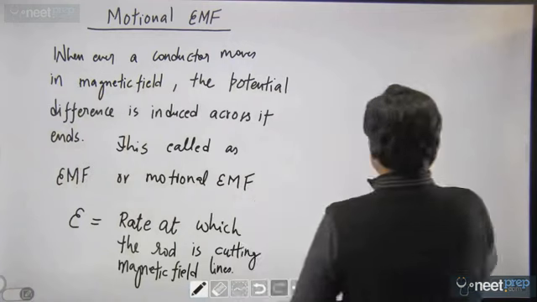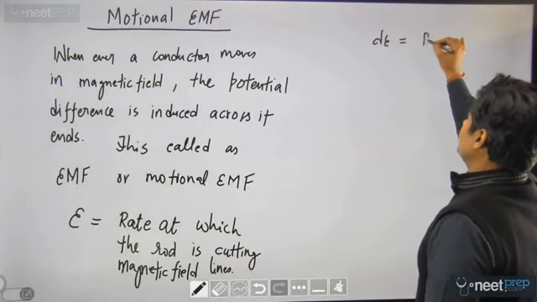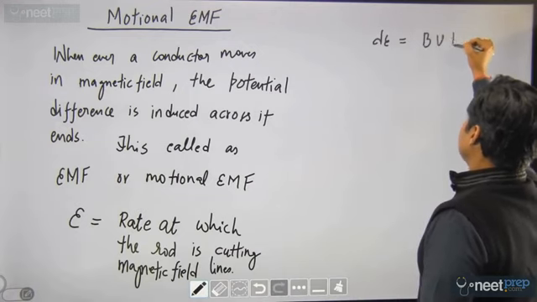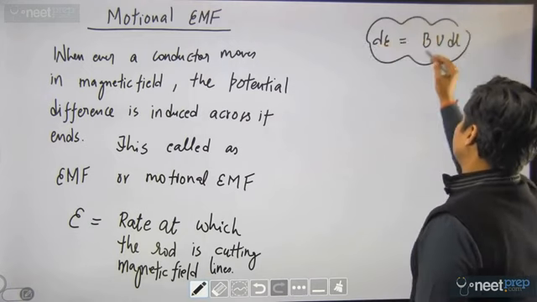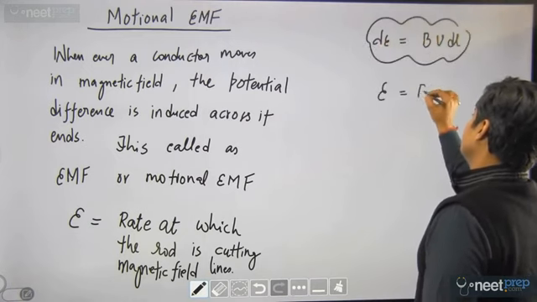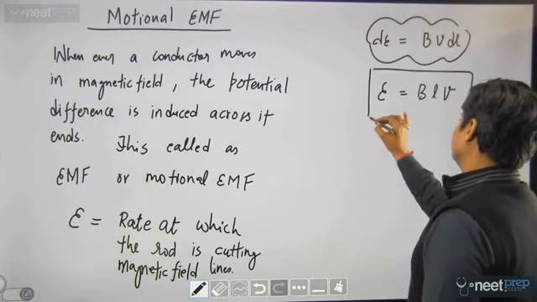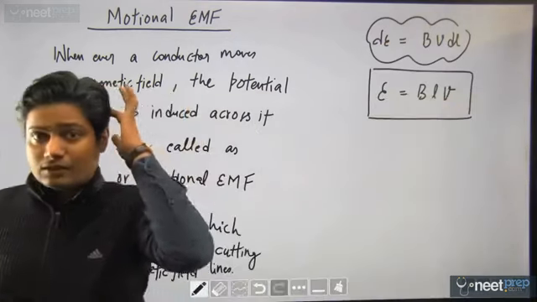So, the expression becomes dE equal to B V times dl. This is the expression of EMF. When you integrate, E becomes BLV, simple BLV, where V is the velocity of the rod, L is the length of the rod, and B is the magnetic field.